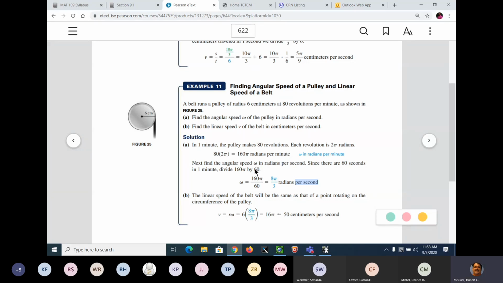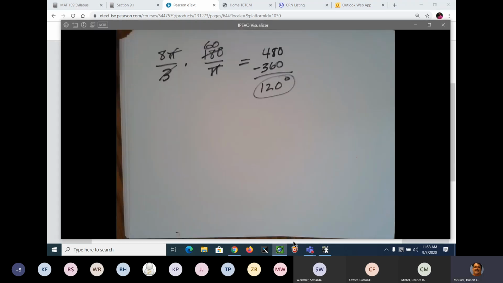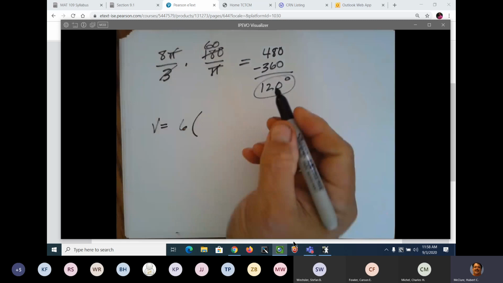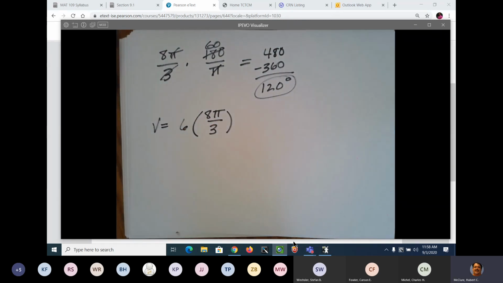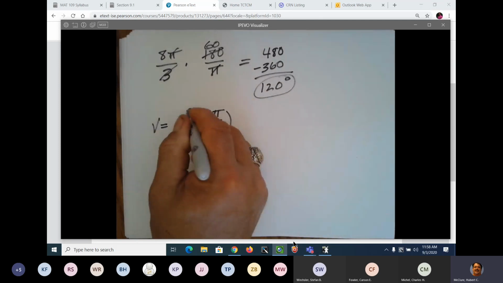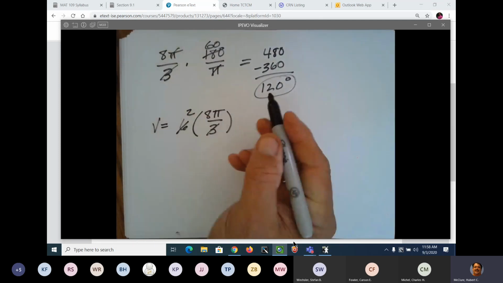Now, the linear speed or the velocity is going to be equal to your radius times your angular speed, your radians per second. Okay, so that means V is equal to 6, and I'm going to multiply by 8 pi over 3. And that's going to give me, let's see, that 3 will cancel there. 2 times 8 is 16 pi.